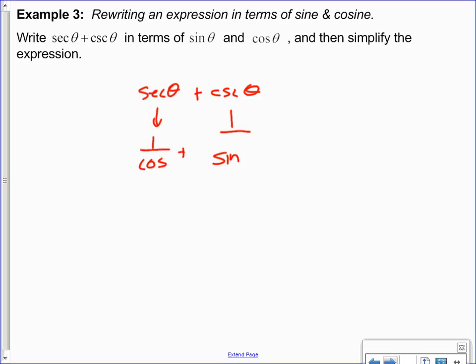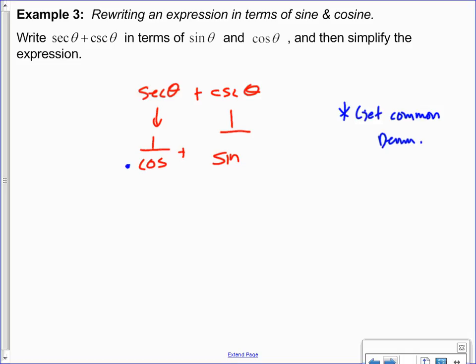Here we go. Adding and subtracting fractions. You need to get a common denominator, which was one of the harder sections in Algebra 2, doing rational functions. To get a common denominator, all you do is make sure the denominators have all the same pieces. This one has a cosine, this one has a sine.